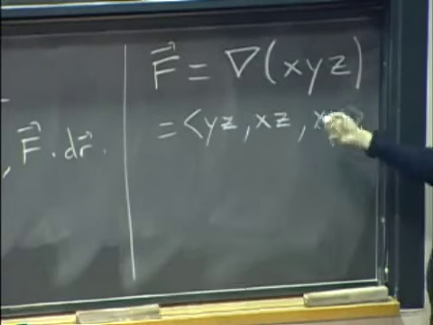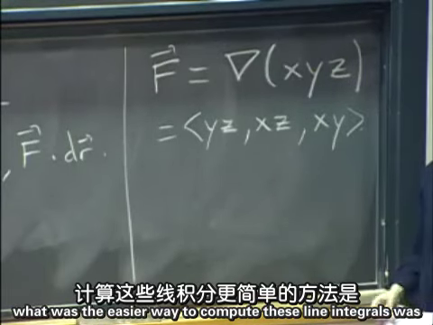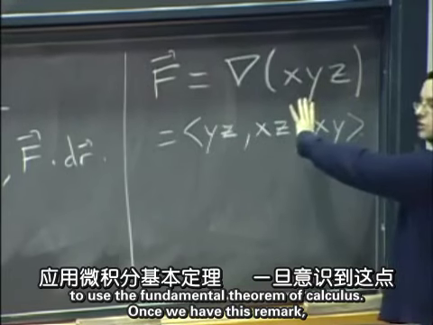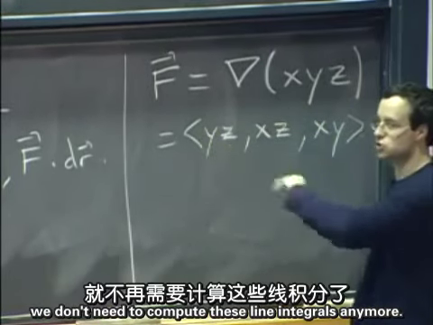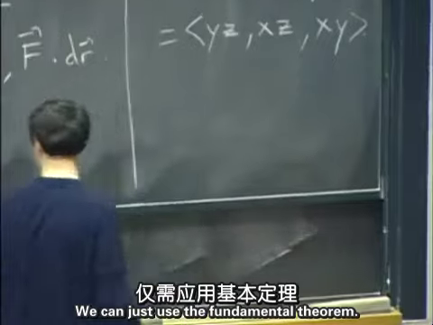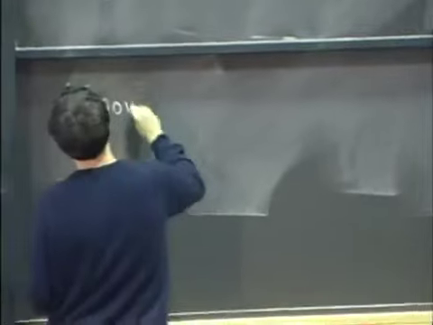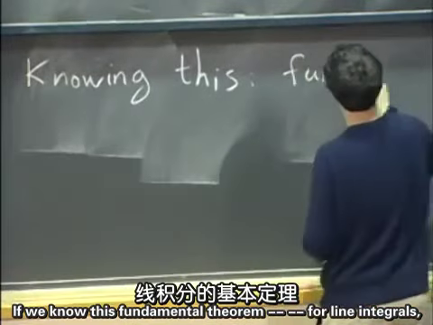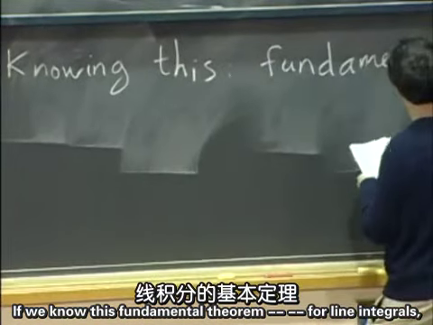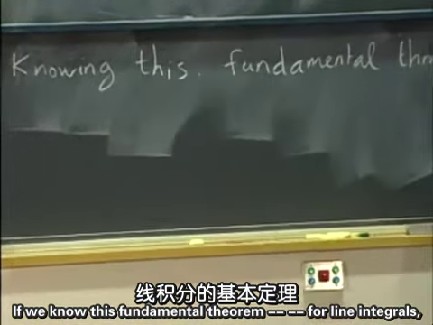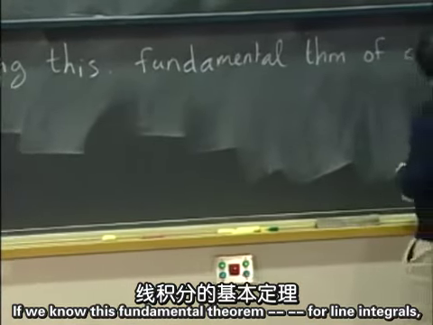And so, what was the easier way to compute these line integrals? Well, that was to use the fundamental theorem of calculus. Once we have this remark, we don't need to compute these line integrals anymore. We can just use the fundamental theorem of calculus for line integrals.